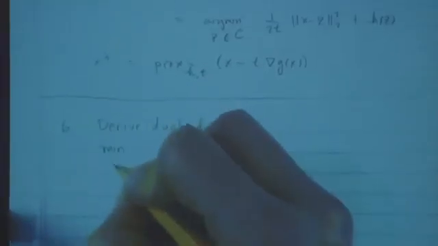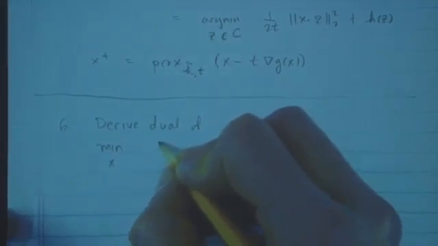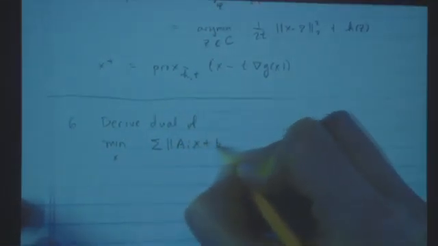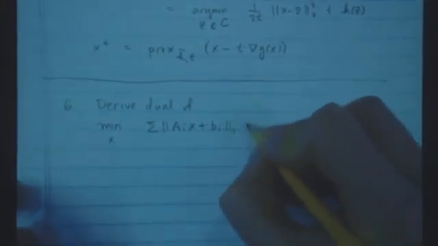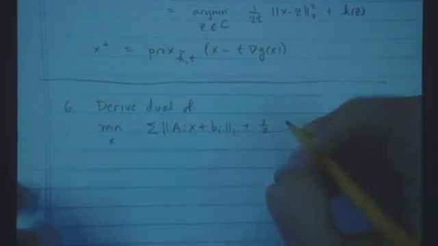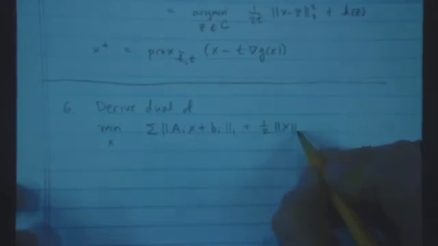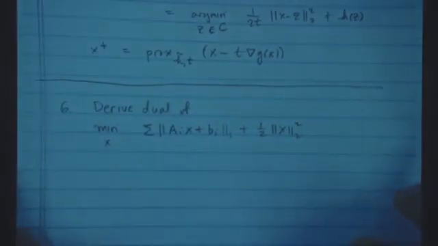So the problem is to derive the dual of this problem. Minimize over all x.